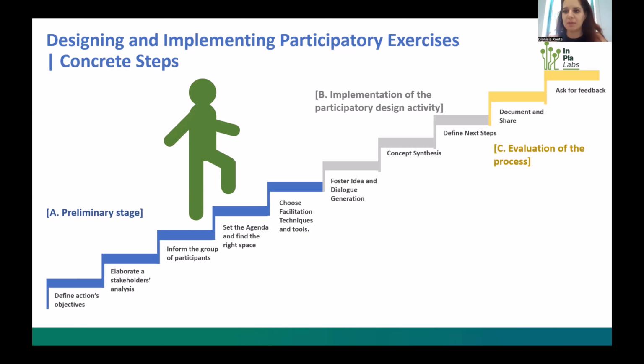So if we have this in mind, it's easier to go to the next step and elaborate more on who we want to invite in this process. Who are these stakeholders that are affected by and affect the decision on what is the outcome of this process.